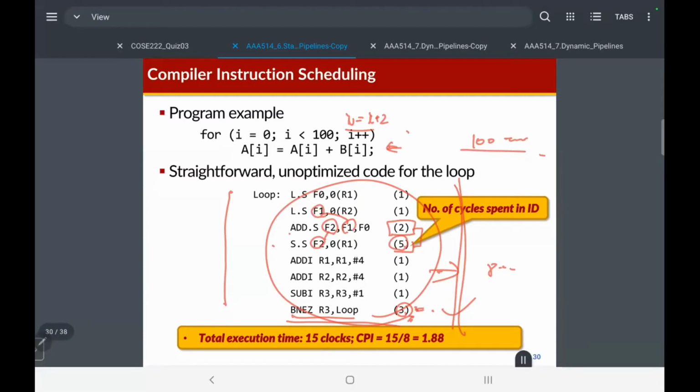If we use non-optimized code, we can find data dependencies in this code, and data dependencies cause load hazards.